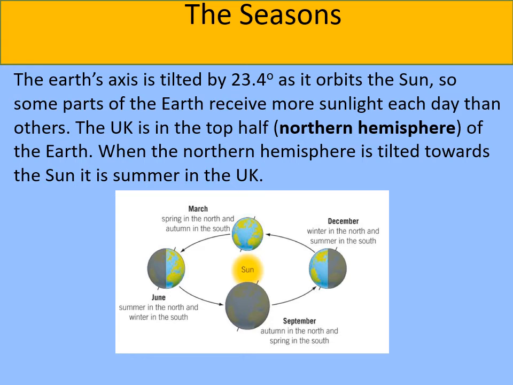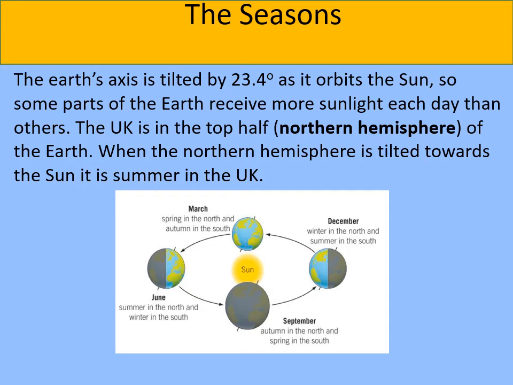At another time of the year, the southern hemisphere leans towards the sun, whilst the northern hemisphere leans away from the sun. And this happens in December, as you can see again on the diagram. This pattern, as a result of this 23.4 degree tilt, creates the seasons.